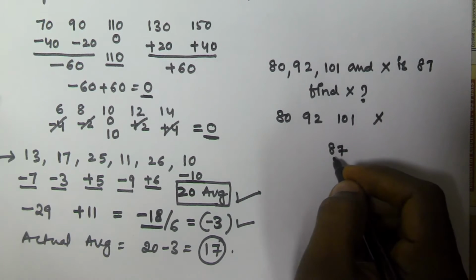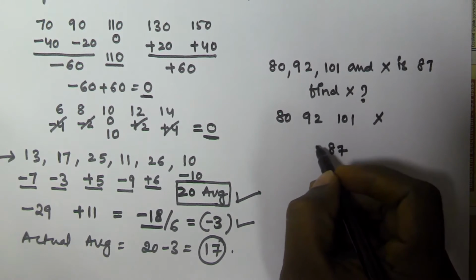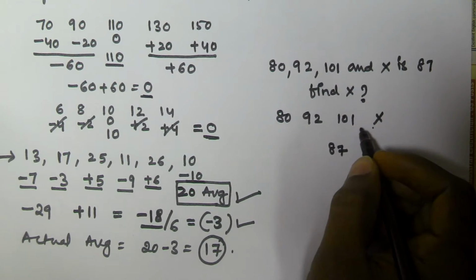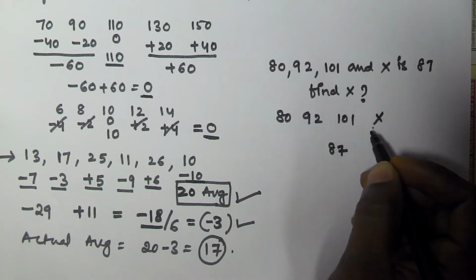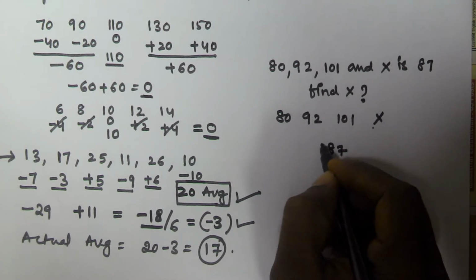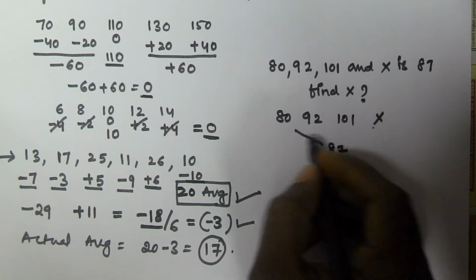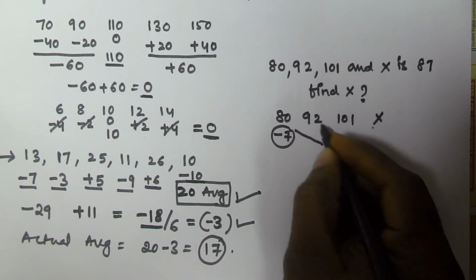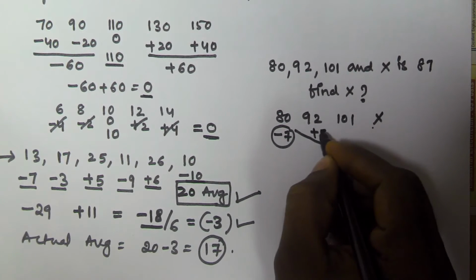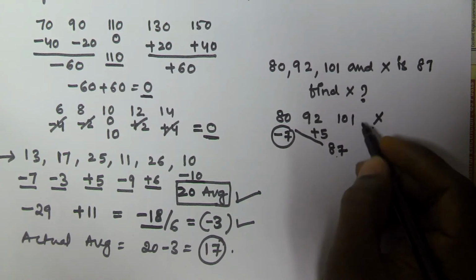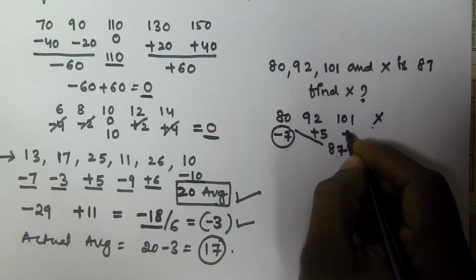We know that 87 will make equal negative deviation and equal positive deviation, and the sum of positive and negative deviations is going to be 0, right? So 80 minus 87 makes minus 7 deviation. Here it is making plus 5 deviation, and here plus 14 deviation.